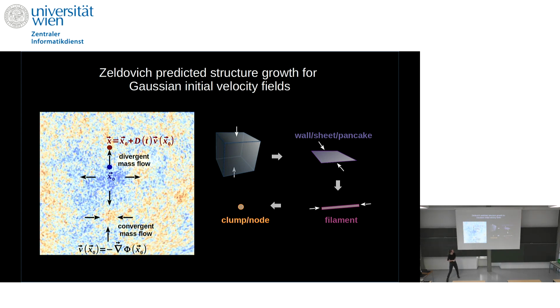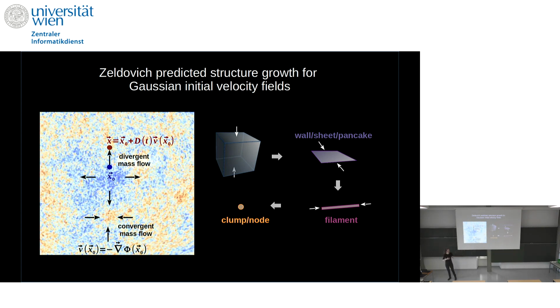What you see here on the right-hand side is, first you have this whole volume, and then you start collapsing in one dimension. You form what we call wall sheets, also referred to as Zeldovich pancakes. Then you collapse in the next dimension, and you form filaments.